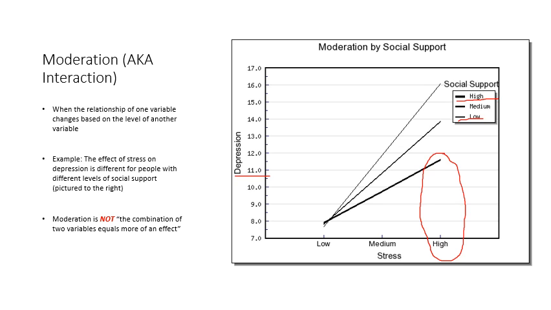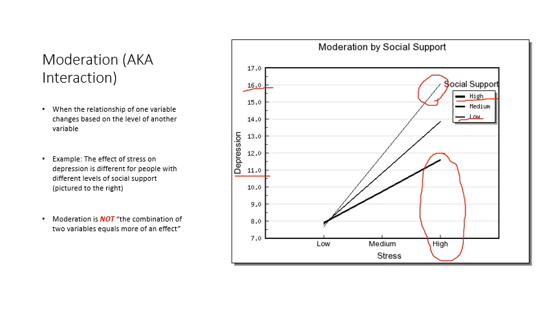As can be seen with the least bolded line, these individuals with high stress and low social support experience higher levels of depression as compared to their high social support counterparts.